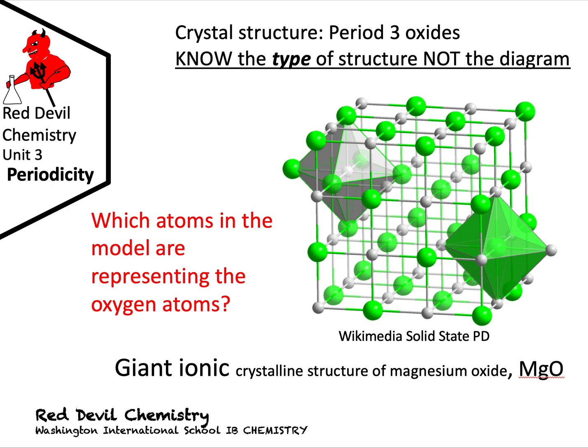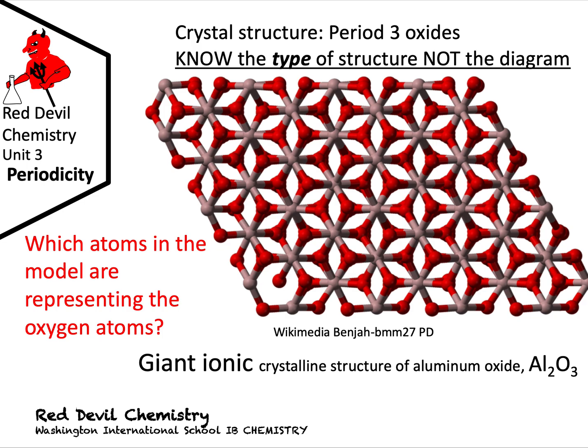You can identify the magnesium and the oxygen ions, hopefully by their relative size as well, from what we've been studying about ionic radii. And here we have an interesting structure for aluminum oxide, and again to identify the aluminum atoms and the oxygen atoms as they're there as well.